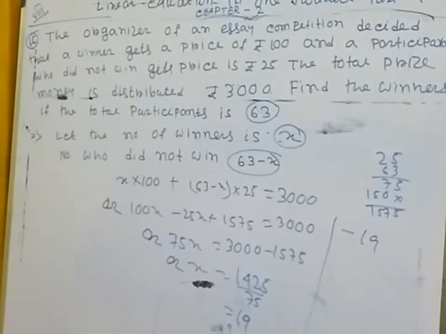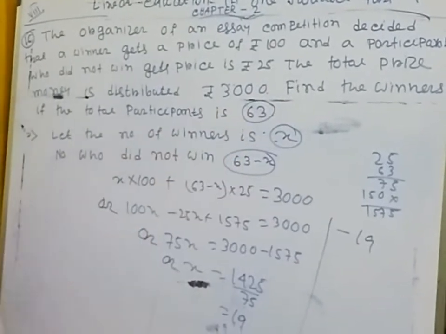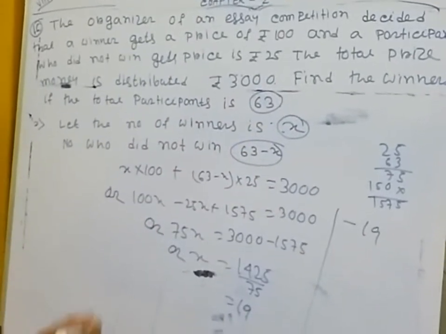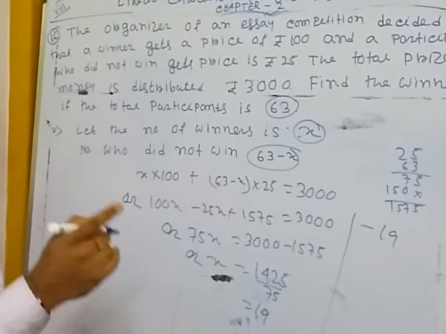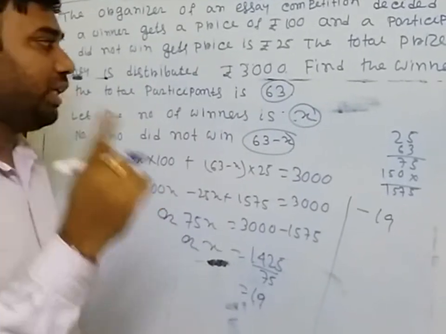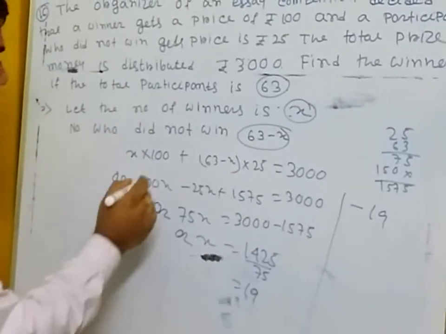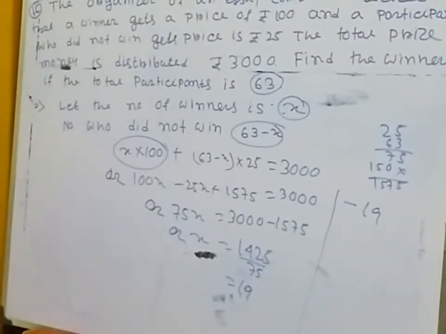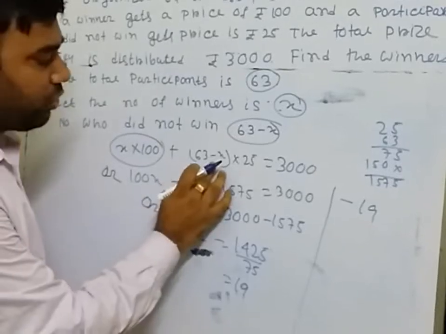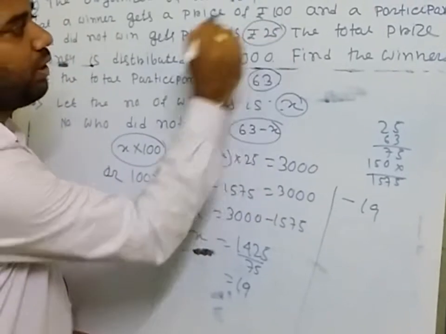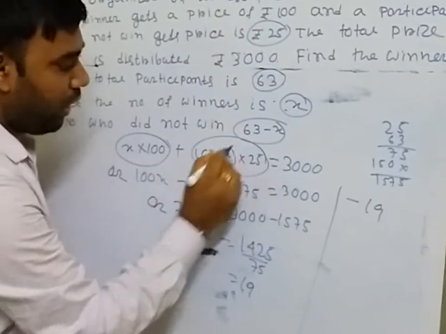Every winner is awarded rupees 100, so if the number of winners is x, the total money for the winners is x into 100, and those who are not winners, 63 minus x, are awarded rupees 25.